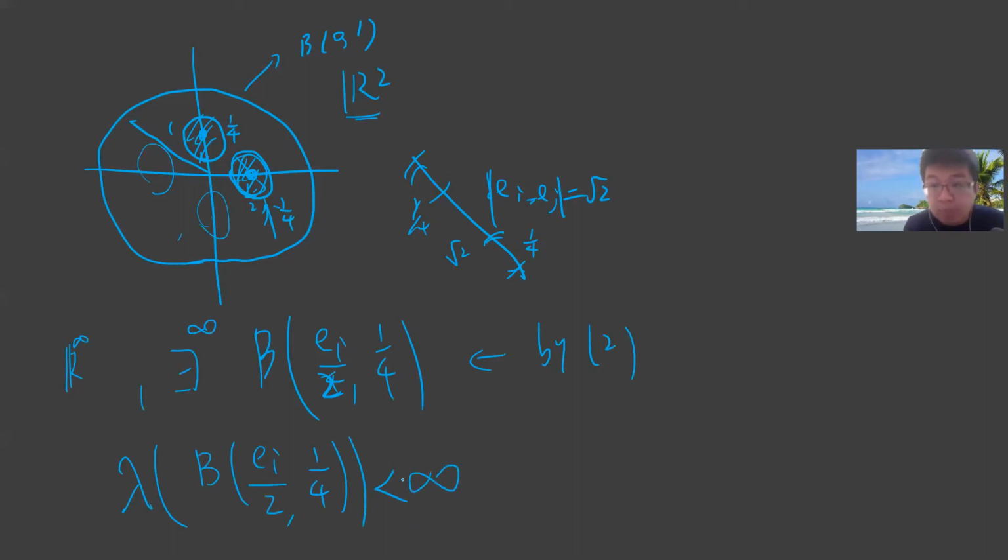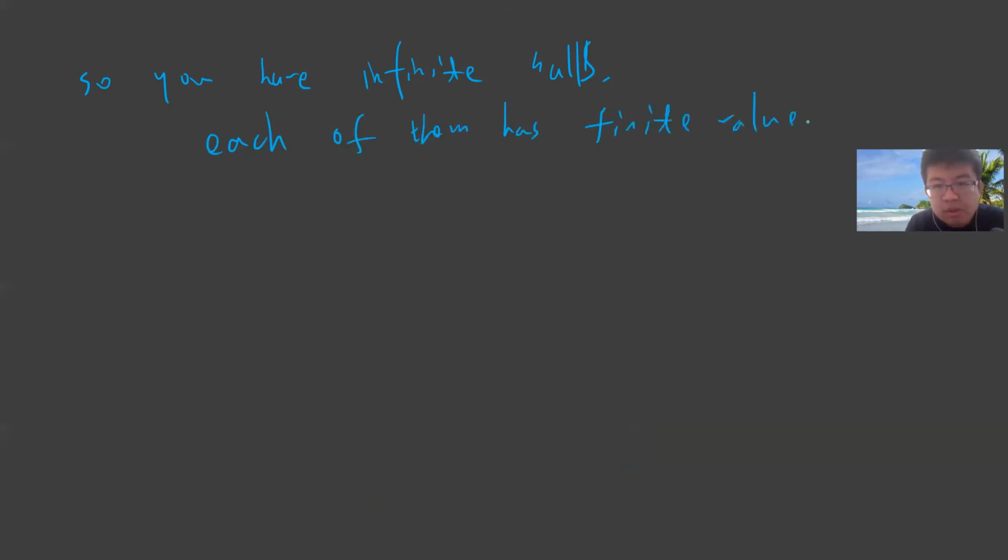Okay, but then also by the third property, every ball has the same volume. So you have infinitely many balls, and each of them has finite volume, which does not make sense.